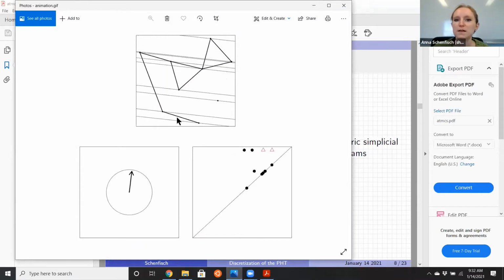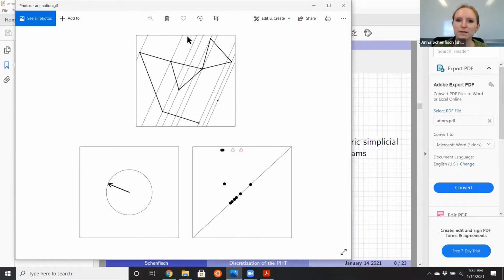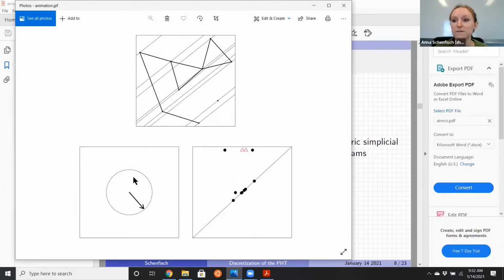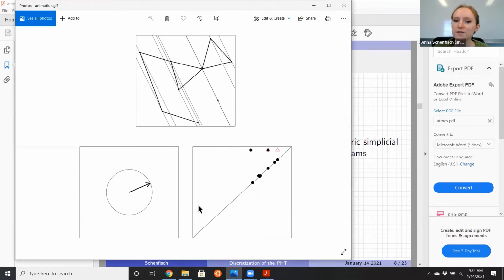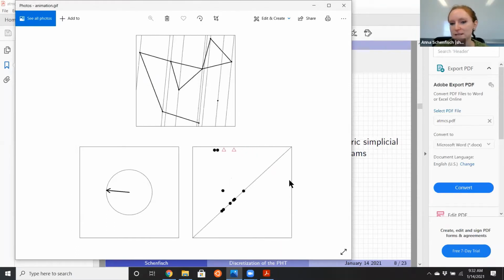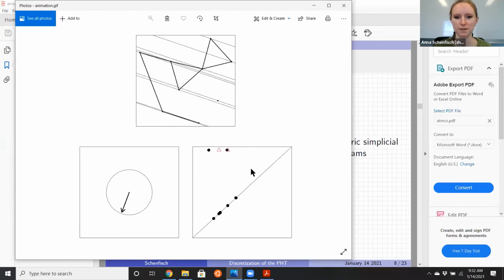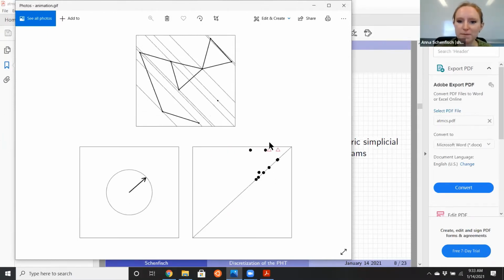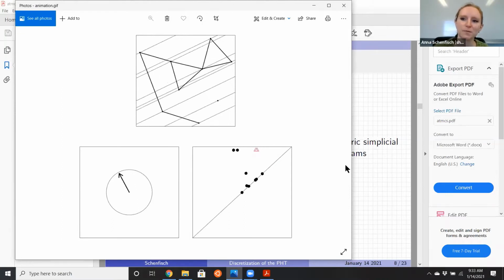Suppose that this is our underlying simplicial complex. Here we can see the filtration lines changing as the direction of filtration changes. And then over on the right, we see a video of the changing persistence diagrams associated to each direction. So this uncountably infinite collection of diagrams forming this movie is what the PHT is.